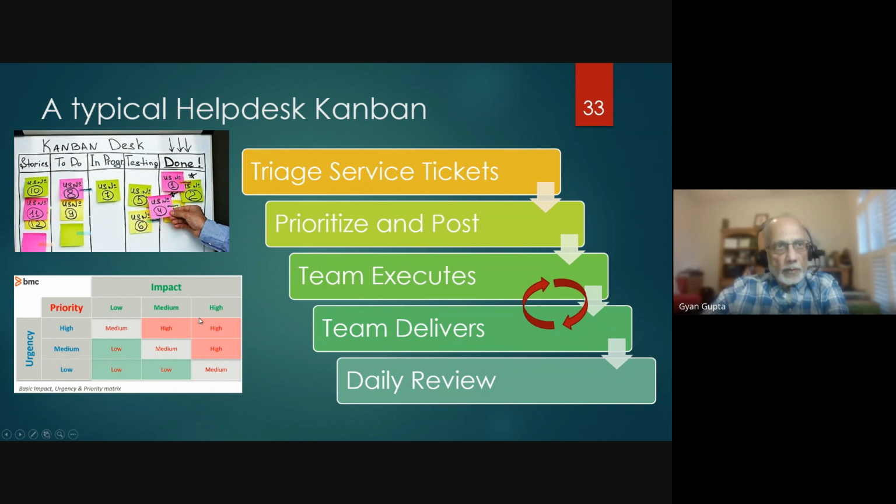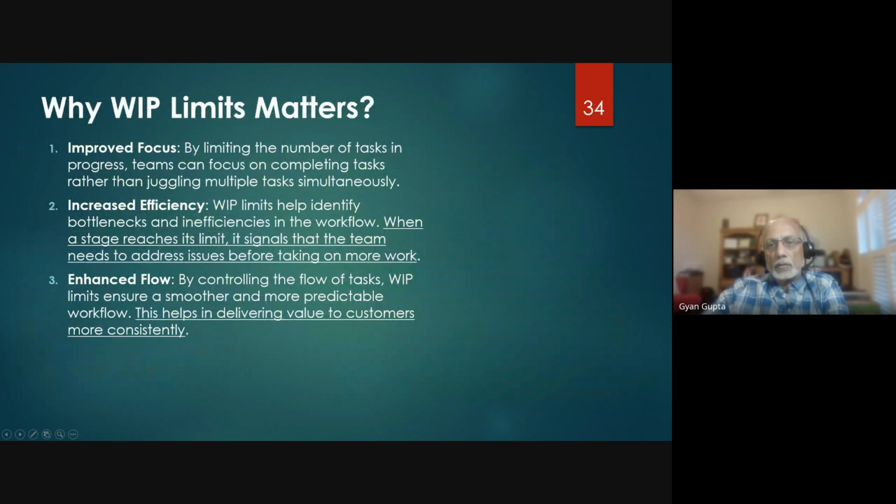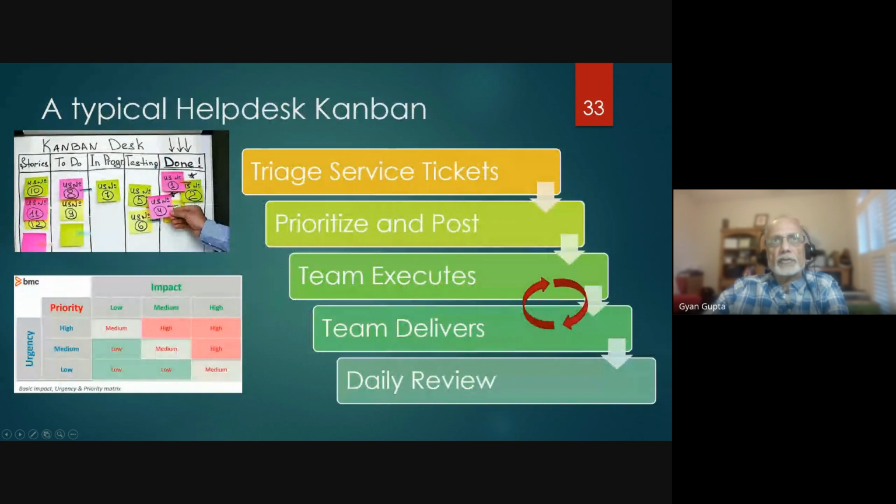You want to address the high first, then medium, and then low. That allows us to define what work gets done first. Then the team executes and delivers. They keep getting new tickets, keep working, keep delivering, and do a daily review to see what we've done, what we're not able to do, and what we can change.